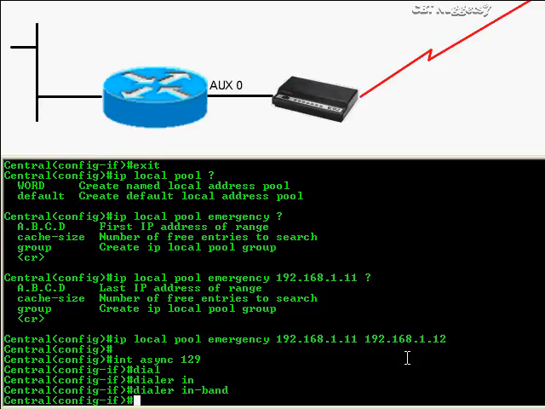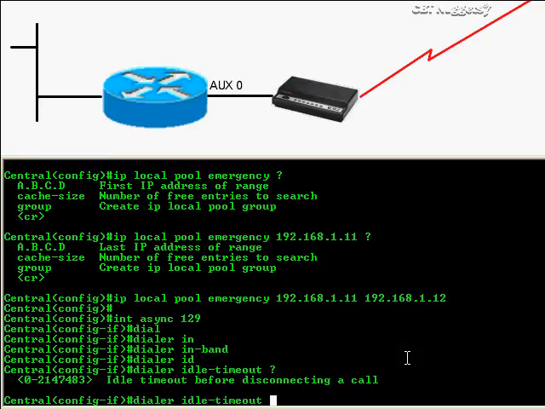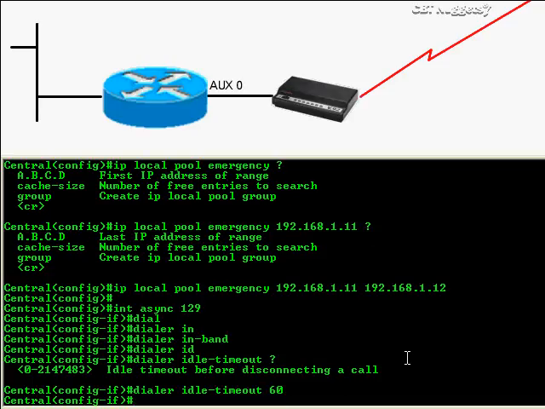And the final command that I usually type in here is dialer idle-timeout and give it a time to disconnect the call. You might say after 60 seconds of idle activity, I want to go ahead and disconnect the call because this is a crucial port. This is my emergency port, and I want to make sure that it's always available. I don't want somebody just sitting there doing nothing and tying up that emergency line.